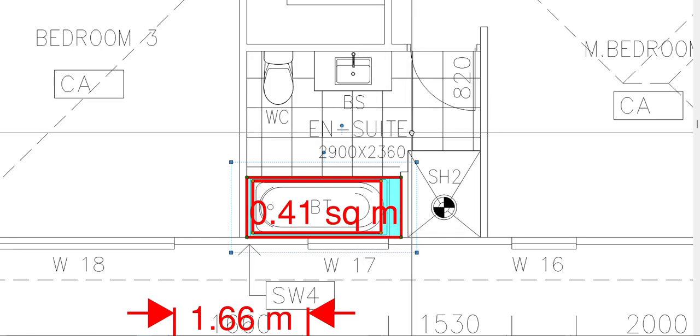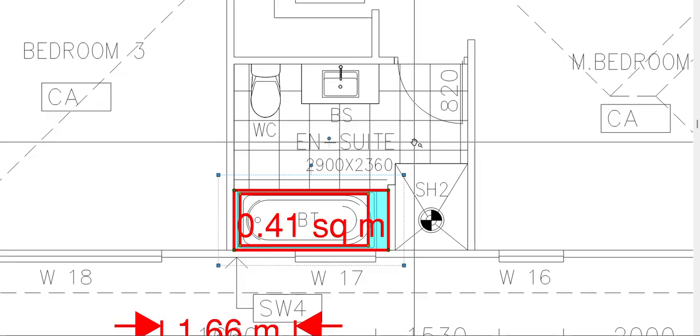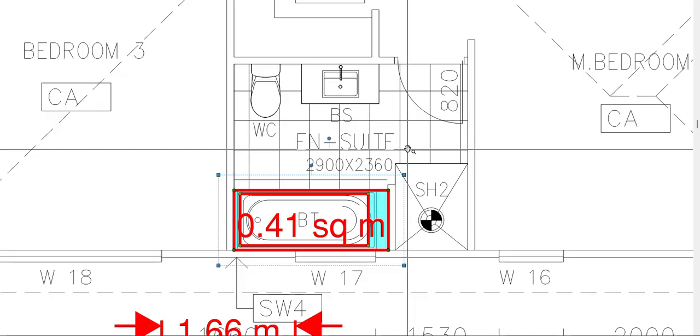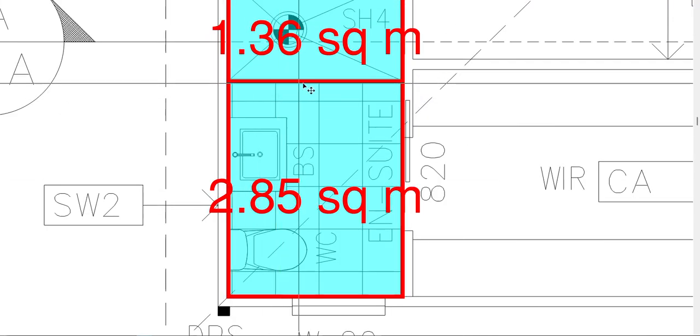And we use the shower base angle. Generally we use the shower base angle for this part. This is the shower part. Here we use the shower base angle. Basically this will divide that area, where we put the base angle.